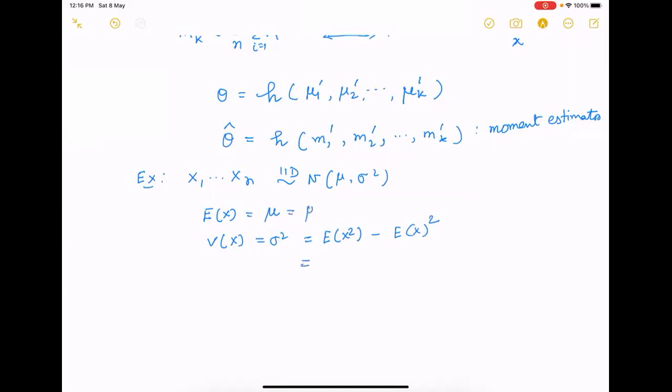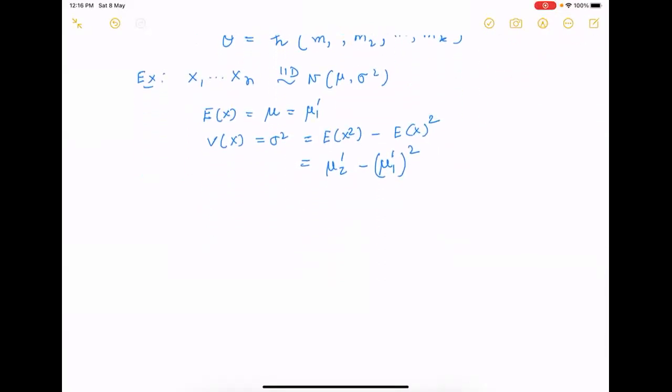So this is mu1 dash, and this is mu2 dash minus mu1 dash square. So my estimator for mu will be mu hat, which is m1 dash, and for sigma hat square, it will be simply m2 dash minus m1 dash square. So basically what I just did here is I expressed the target parameter sigma square in terms of simple moments, and then you just plug in these things.